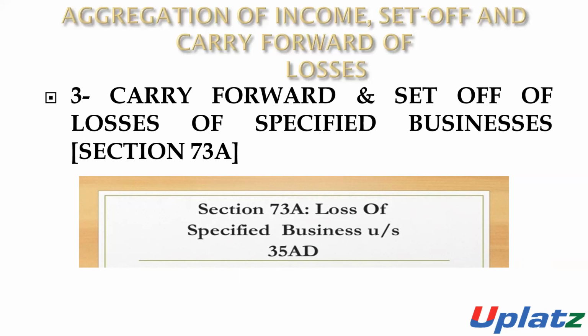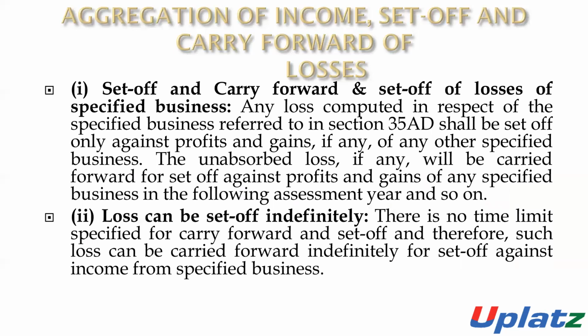If an assessee has a loss from any specified business which is referred to in section 35AD, then such a loss can be set off only with the income of the specified business. This is the set off and carry forward of losses of the specified business.